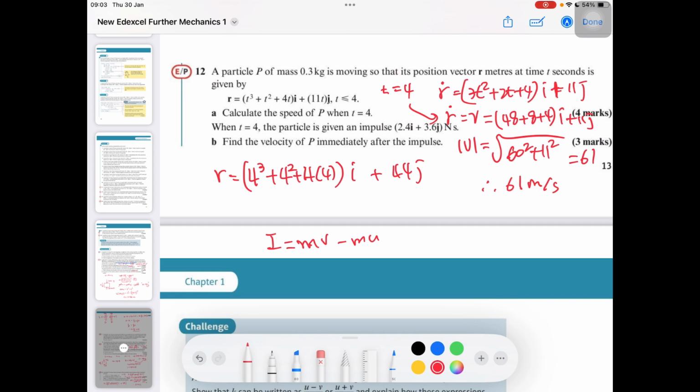So impulse is 2.4i plus 3.6j becomes 0.3 times v minus u. So the initial velocity, terminal velocity is just now we found 60i plus 11j minus initial velocity, what was it?